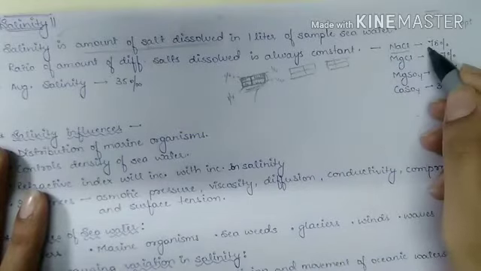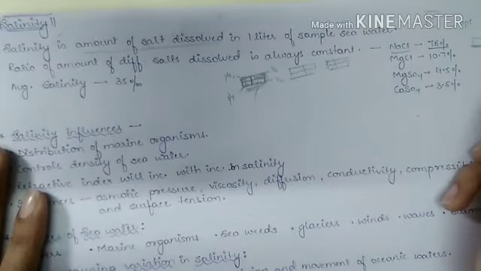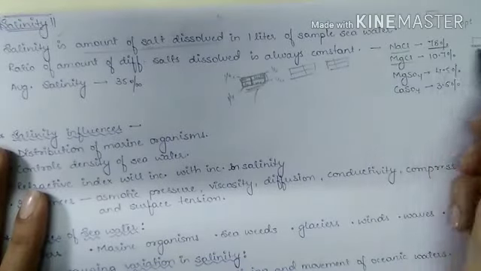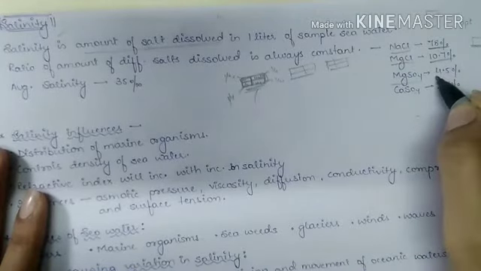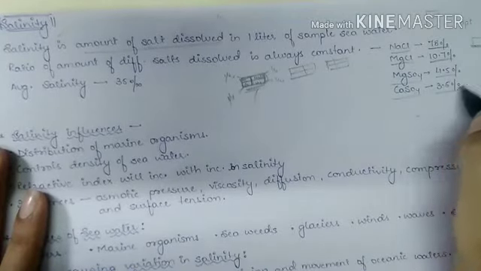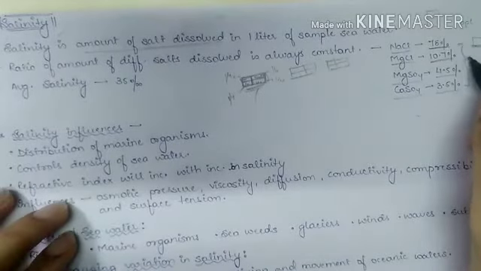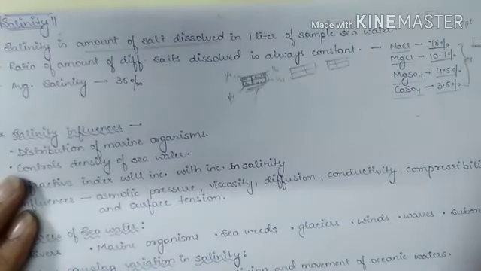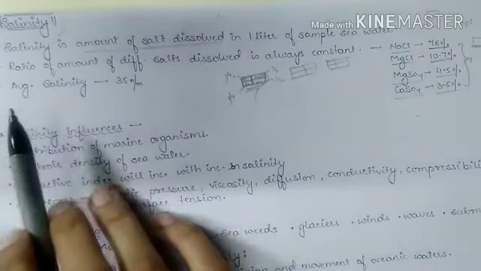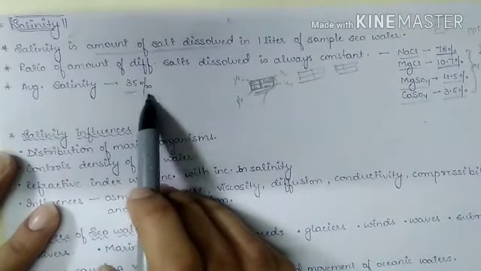NaCl will always be 78% of the total amount of salt present in the water. Then MgCl will be 10.7%, MgSO4 4.5%, and CaSO4 3.5%. These are the major salt components present in ocean water. The average salinity is 35 parts per thousand.